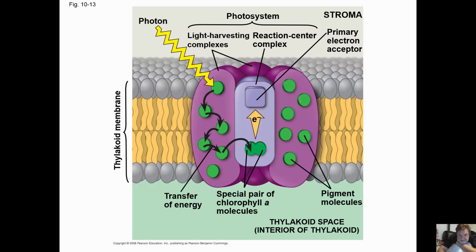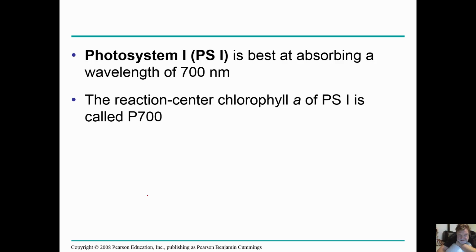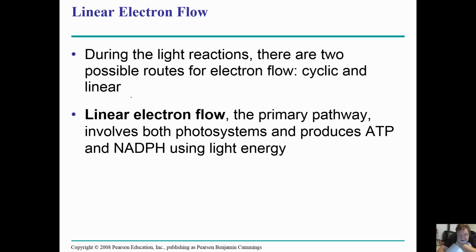And this is a graphic showing the interaction of those. But basically what's going on is we are exciting electrons, and this chlorophyll A donates an electron to the primary electron acceptor. There are two types of photosystems. Photosystem 2, which functions first, is best at absorbing light at 680 nanometers, and the reaction center chlorophyll A of PS2 is P680.